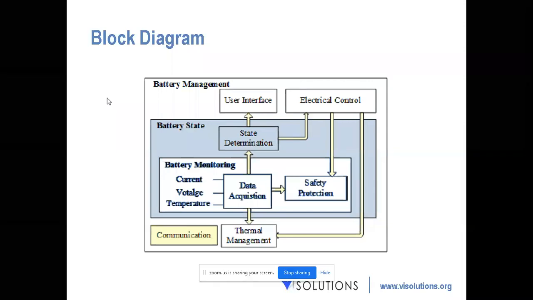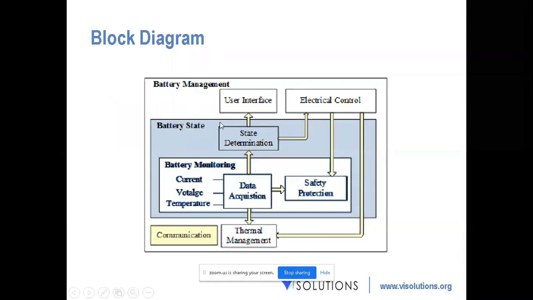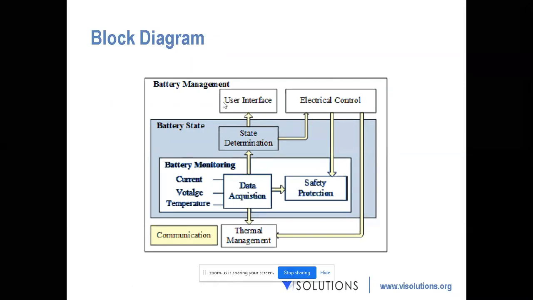For that you need a user interface. Battery management software could be there, or in the case of your electric vehicle, it needs to come on the touch panel of the vehicle itself, to check whether your battery is working properly or has any problems.